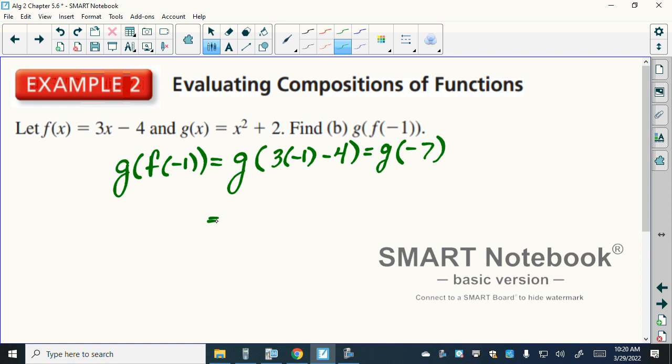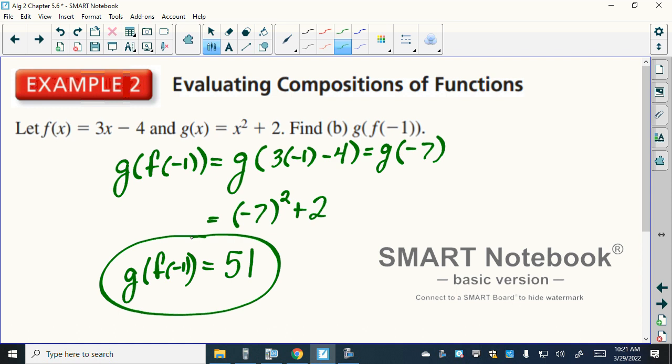Now we're going to find g of negative 7, which would be negative 7 squared plus 2 is 51. So, because our negative 7 squared is going to give us a positive 49, plus 2 gives us 51. So g of f of negative 1 is 51.